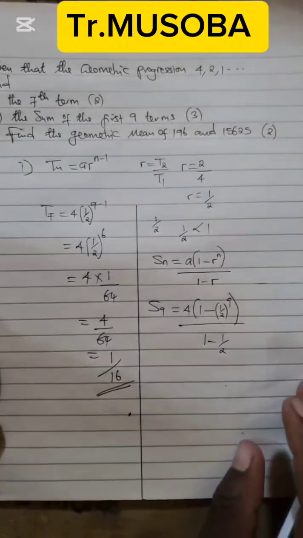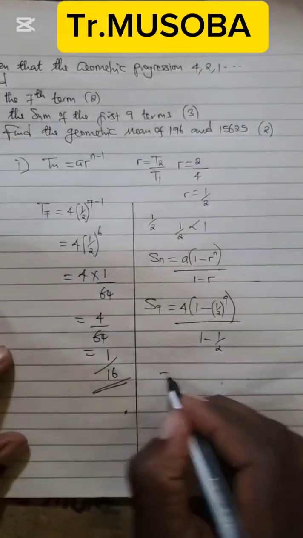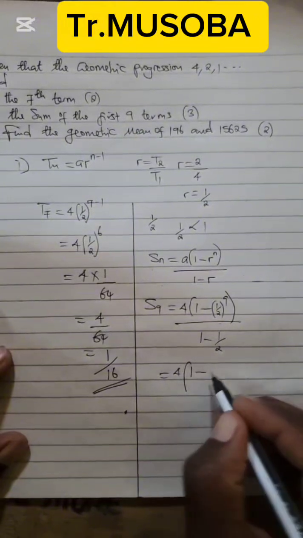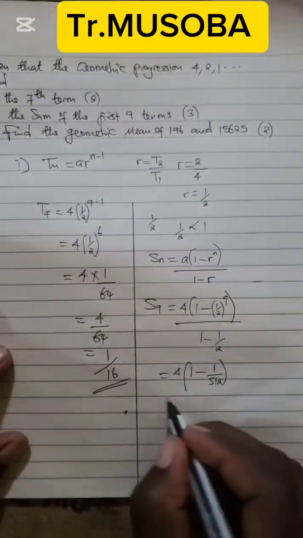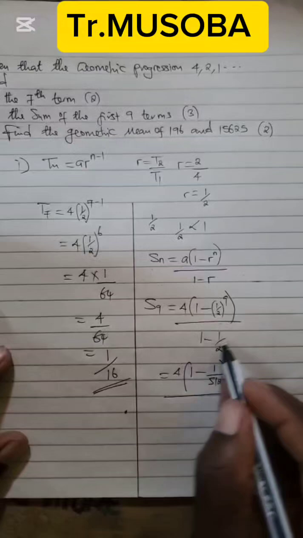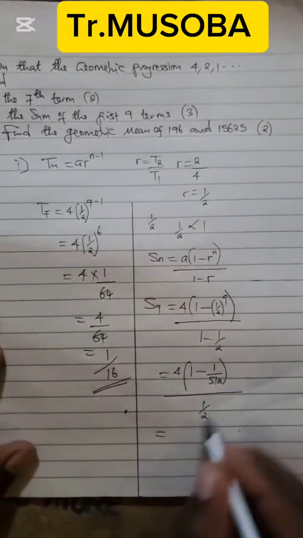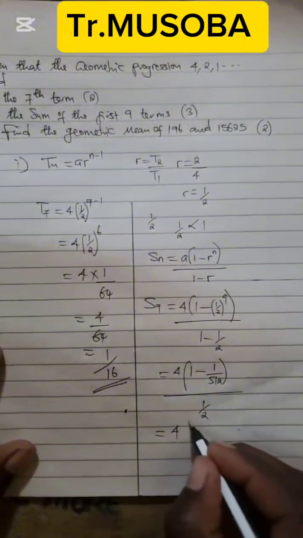We continue to say this is 4, open bracket, 1 minus 1 to the power 9 over 2 to the power 9, over 1 minus half. You still get half. From there we can work out here. You say 4, open bracket.